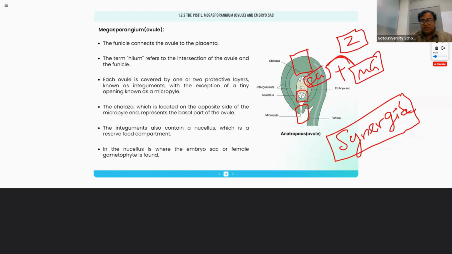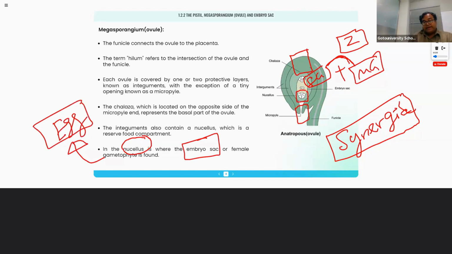Now we are entering into the next important concept. The nucellus is a nourishing structure, of course, okay? And this nourishing structure also holds the embryo sac, which is nothing but the female gametophyte, which is going to make the egg. For making one egg, how many mitoses do I require?